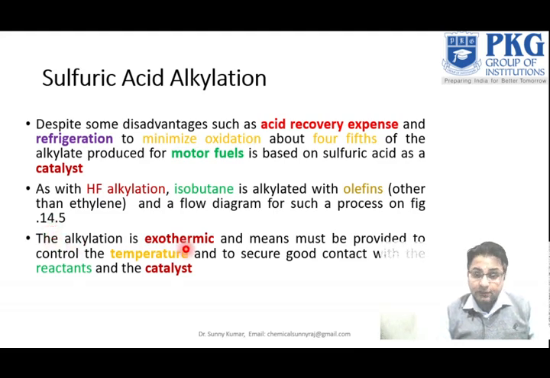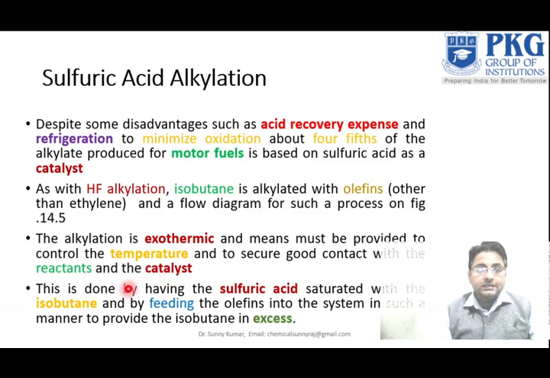This reaction is exothermic, and means must be provided to control the temperature and to secure good contact with the reactant and the catalyst. This is done by having the sulfuric acid saturated with the isobutane, and by feeding the olefins into the system in such a manner to provide the isobutane in excess.